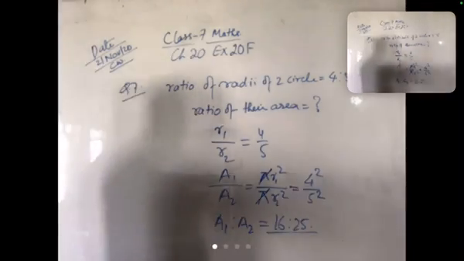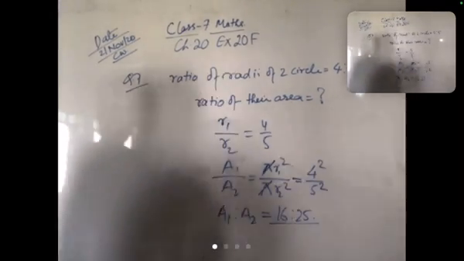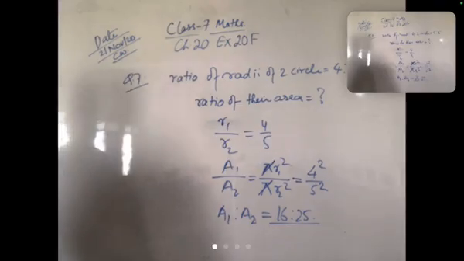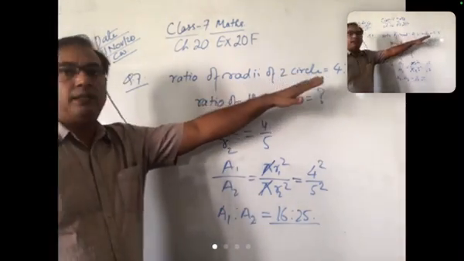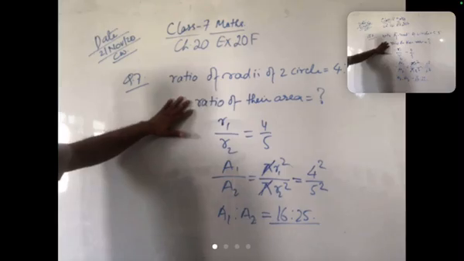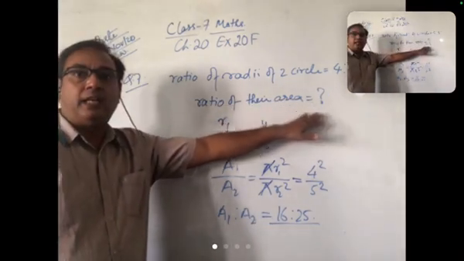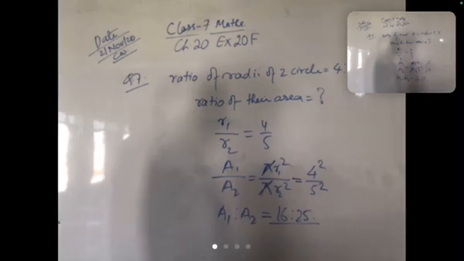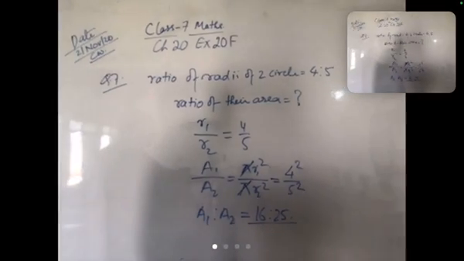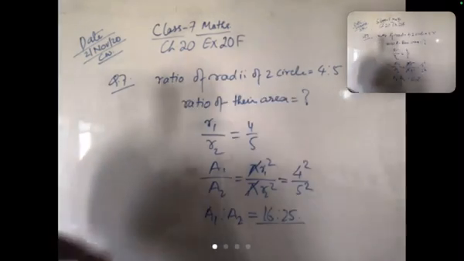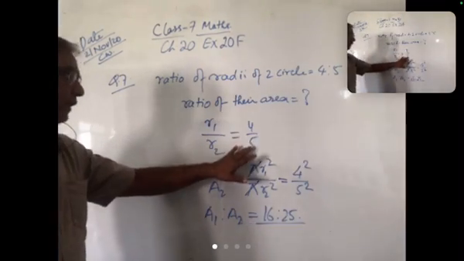Everyone must copy this, and if there is a problem in anything, you can ask. I repeat the solution. Ratio of the radii of two circles is 4 is to 5. This is given here. Now we have to find the ratio of their area. Now, R1 upon R2 is equal to 4 upon 5.